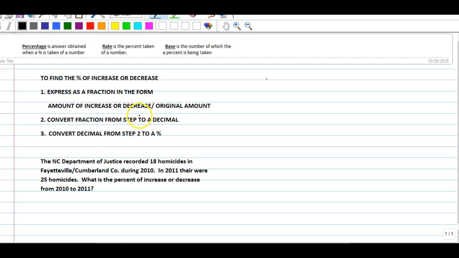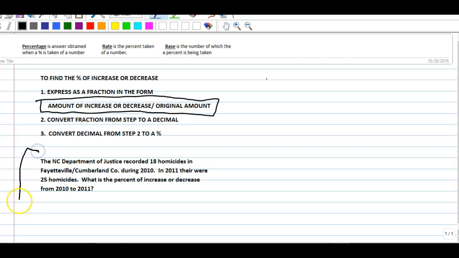Those are basically the same steps, but the relationship here is a little different in that the fraction is determined by finding the amount of the increase or decrease, whichever the case may be, divided by the original amount.